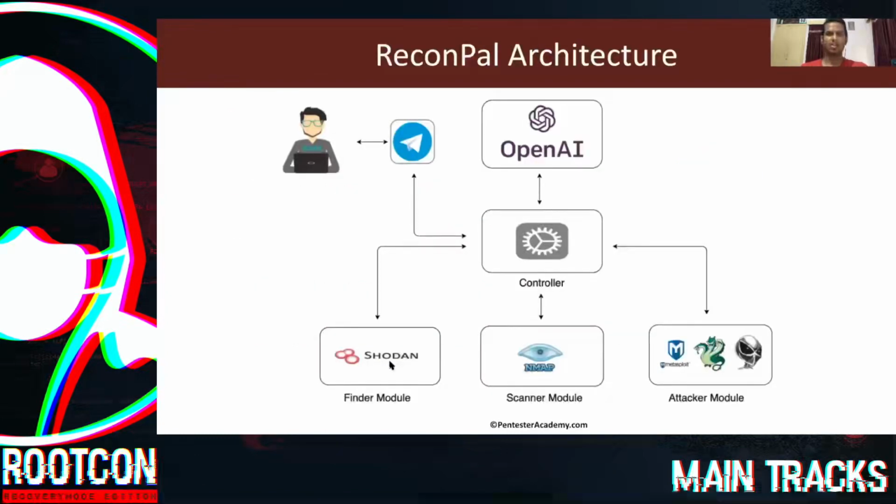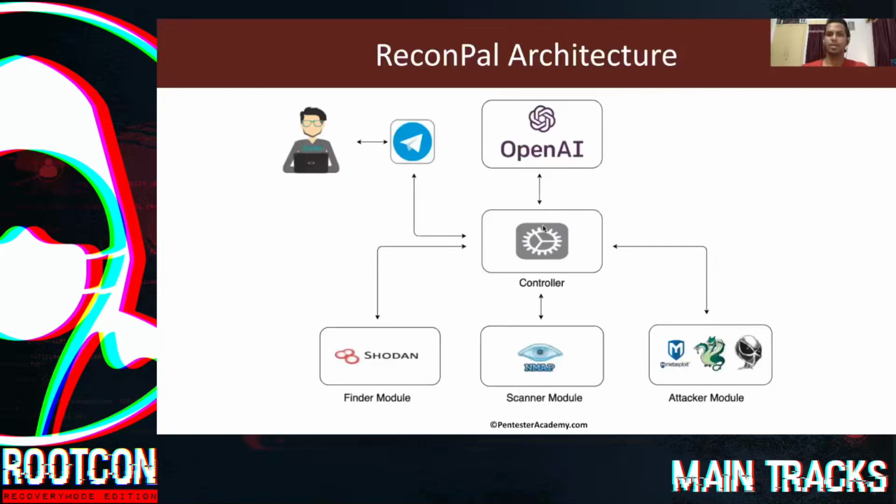So now let's take a look at the architecture of ReconPal. So we have a user who sends text to a bot. That text is received by the controller. The controller sends that text to the OpenAI API, which in turn returns a string stating the module to use, the tool to use, and the operation to perform.